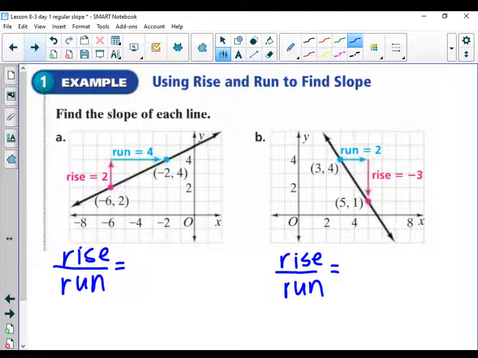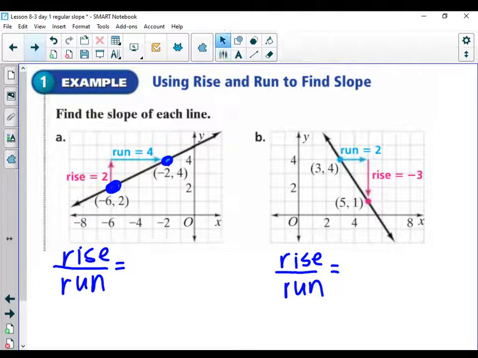The top two help us out a little bit because this is our very first day of learning this. So first of all, by looking at this graph on the left, I know that this one is going to be positive because if I look left to right, I'm going uphill. And then you can see that someone counted for us 2.